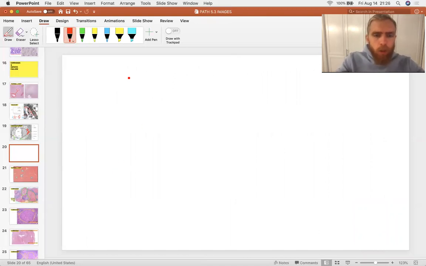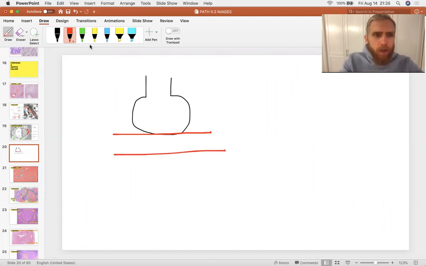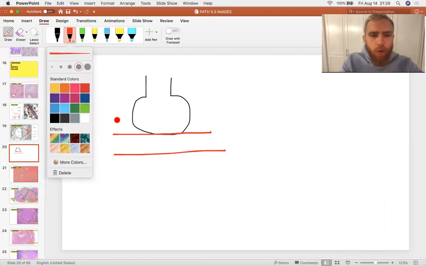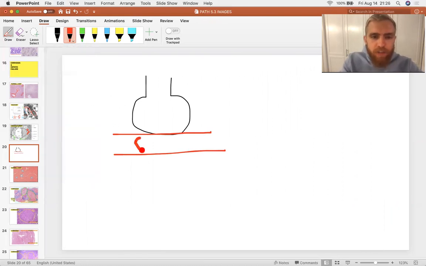So your normal lung has, here's an alveolus, and here is a pulmonary capillary. And normally this pulmonary capillary is so narrow that a red blood cell literally has to scrunch itself up in order to fit through this capillary, right?